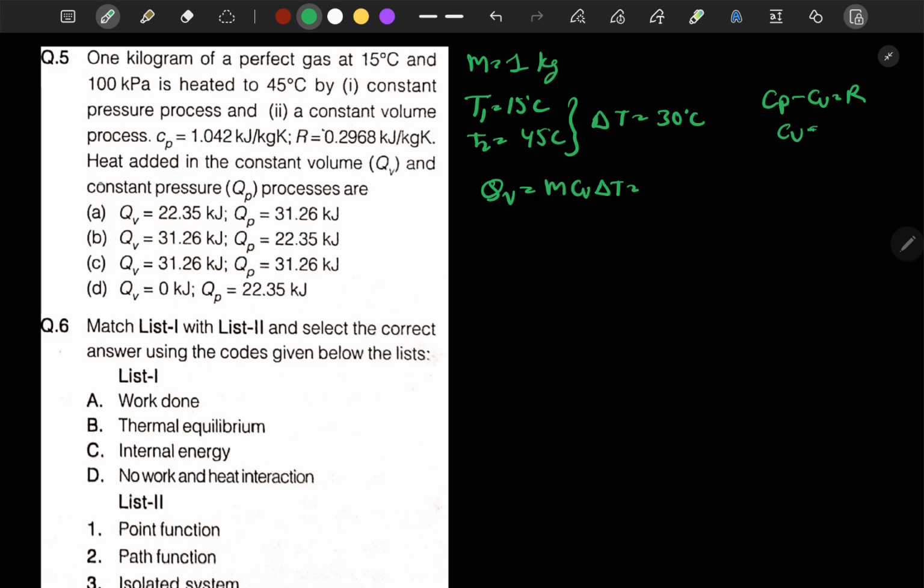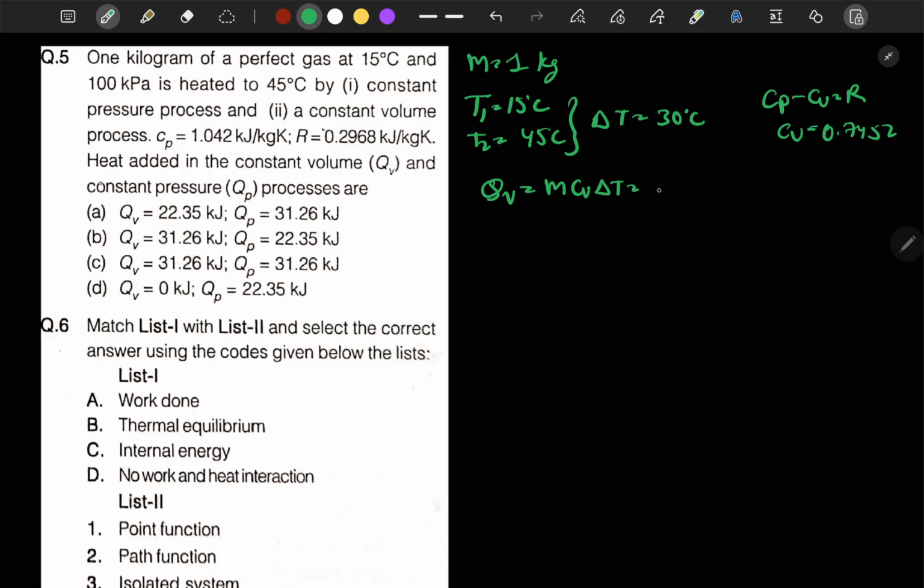So we can calculate R, the value of R is 0.2968. Cp is 1.042, so the value of cv will be 0.7452.